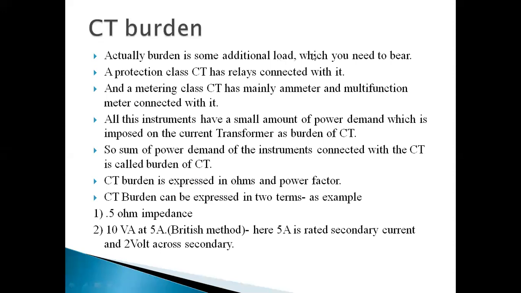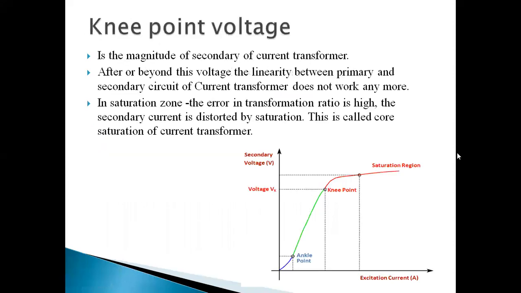Then the next point we saw is the knee point voltage. What is meant by knee point voltage? Everyone knows that when we consider the current transformer, there is linearity between its primary winding and secondary winding.